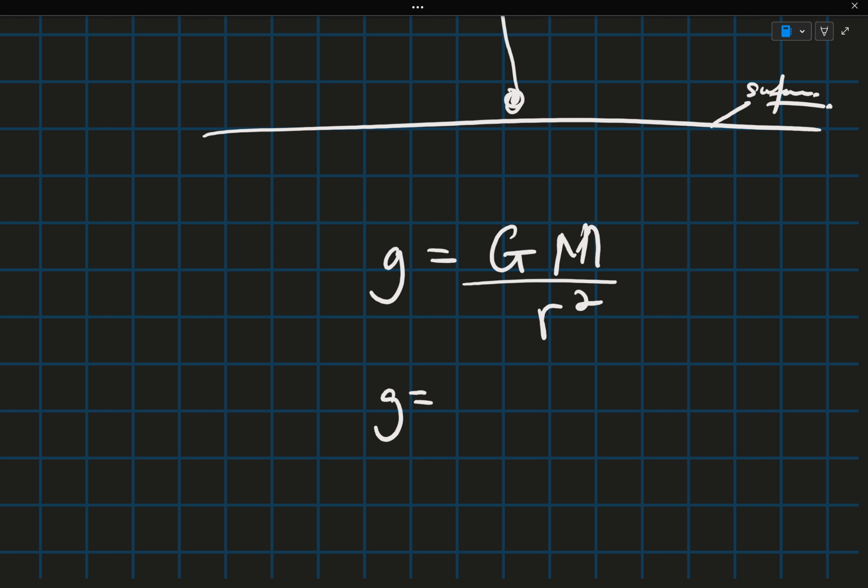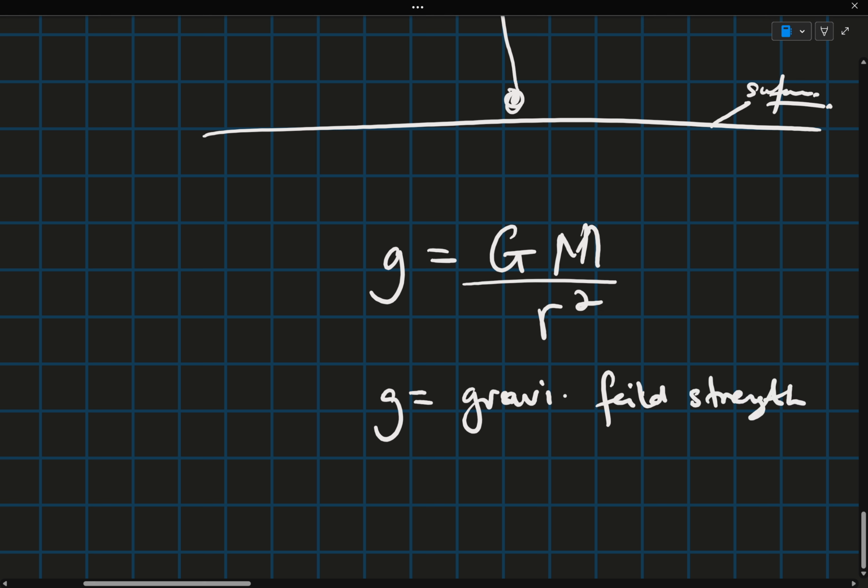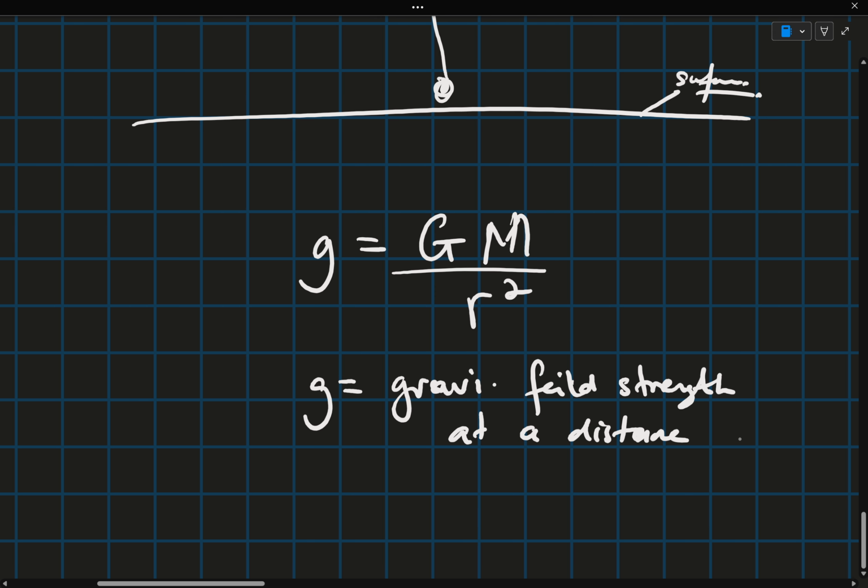But g really is the gravitational field strength at a distance r from the center of the Earth. Okay, that's what g is.